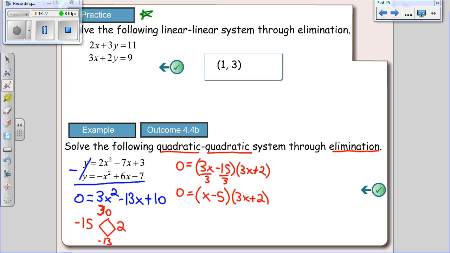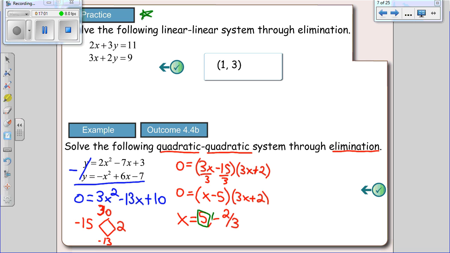So I need to use my zero product property to tell me that x equals 5 or negative 2 over 3. If I have two x values, that means I probably have two different points where these things cross each other. That means I'm going to have to substitute x equals 5 in, and I'm also going to have to do x equals negative 2 over 3 into one of the equations.